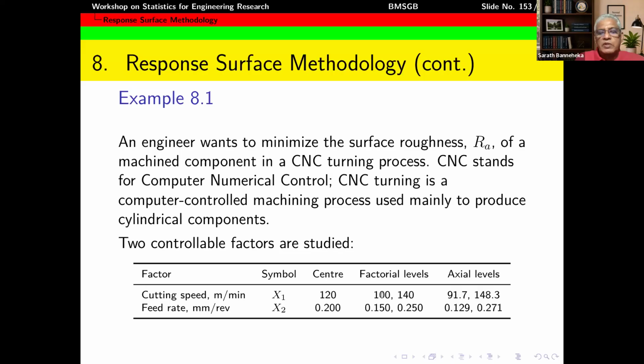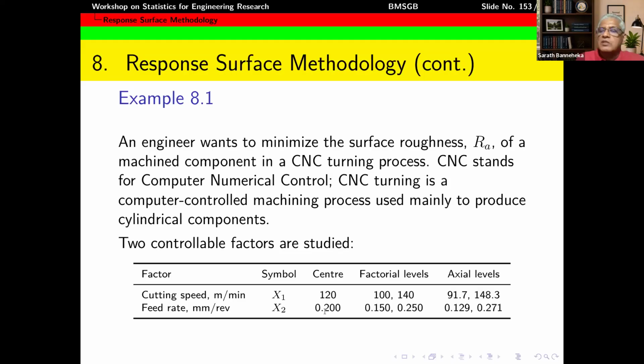Here, for example, these factorial levels are called the smallest or minimum level and the maximum level. So the center is 120 here. So when you are coding, you take away the center. And similarly, for the feed rate also, this is the minimum value, this is the maximum value.